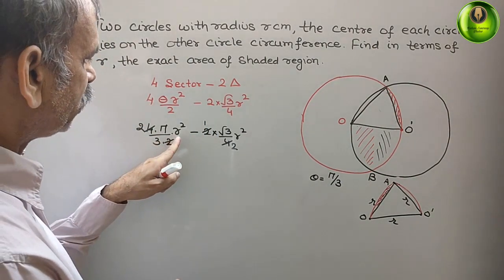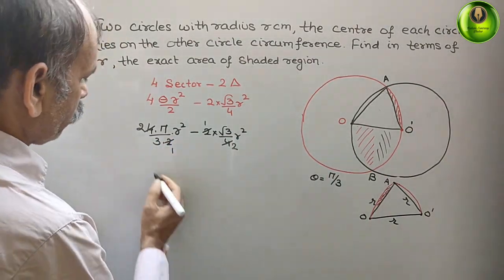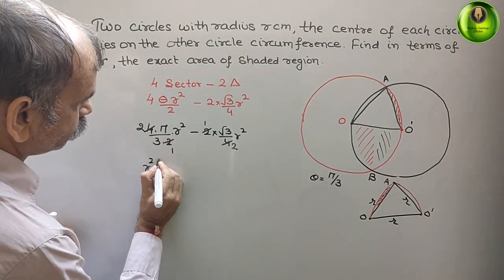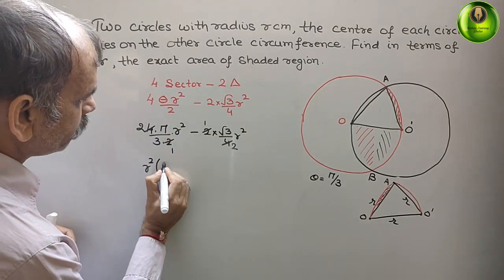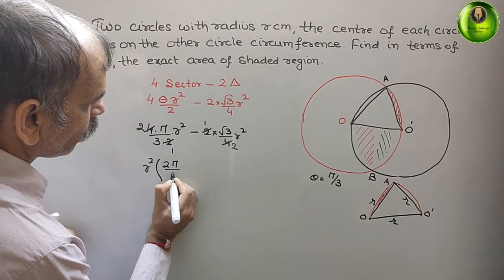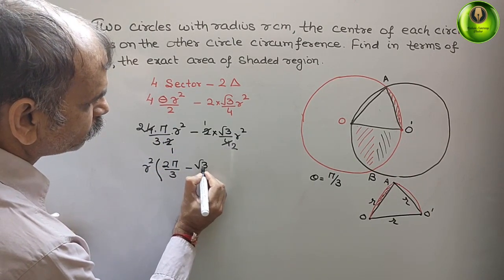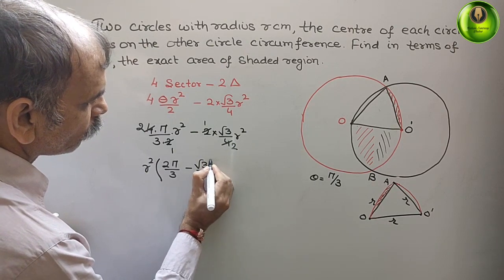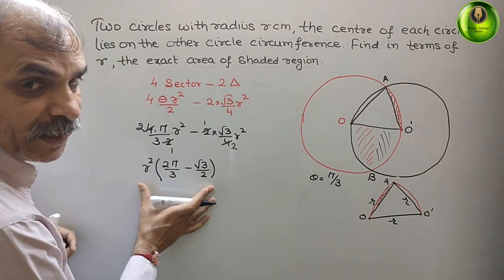So now if you see here, r square is common. So here we will get 2 pi by 3 minus root 3 by 2. So this is the area of the shaded region.